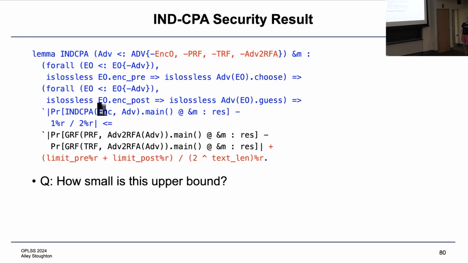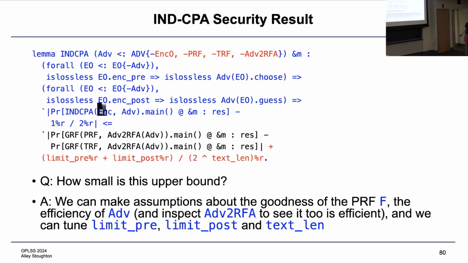And do we like it? Well, we can make assumptions about the PRF and the efficiency of AV. So maybe we think this part of the bound is OK, but this part we can tune. We can make text-len be big. We can make the limits be small enough so we can actually calculate that part of the bound.